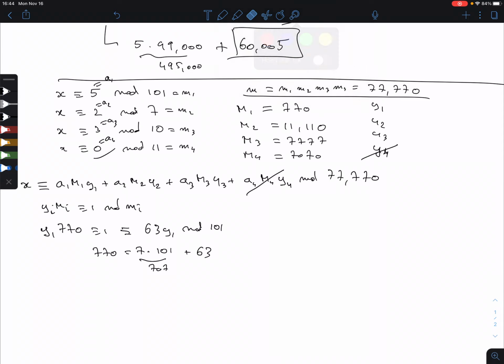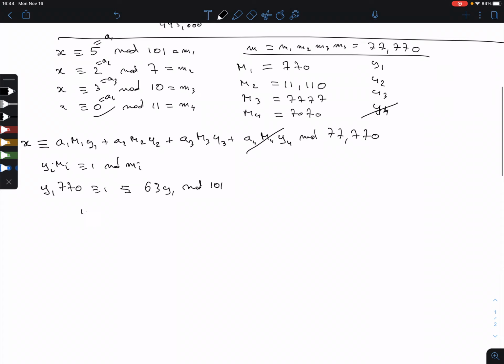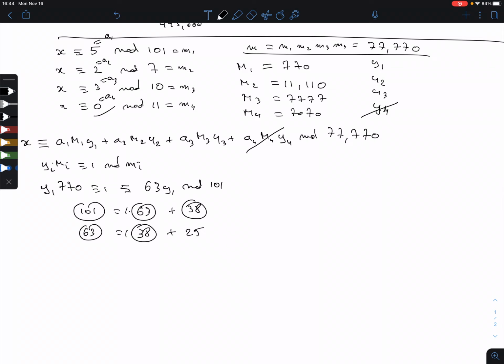All right, division algorithm. So 101, 63 goes in there one time, and then we have left 38. And 63 is 1 times 38 plus 25.